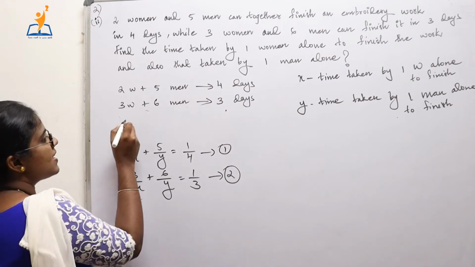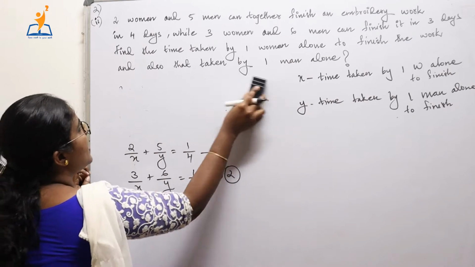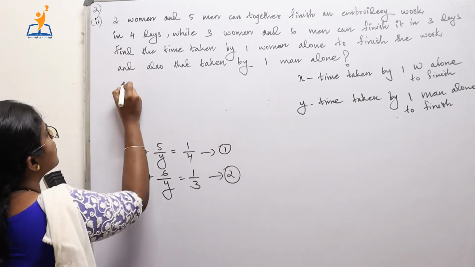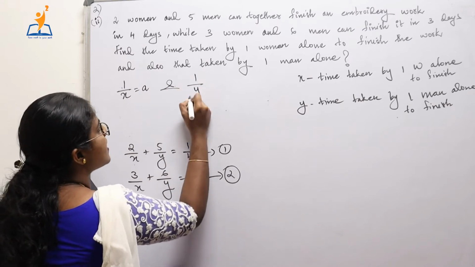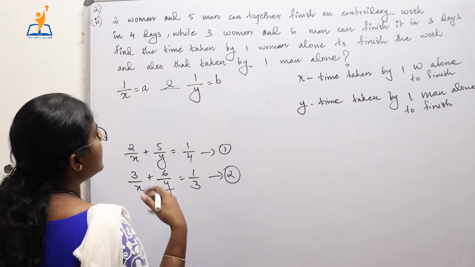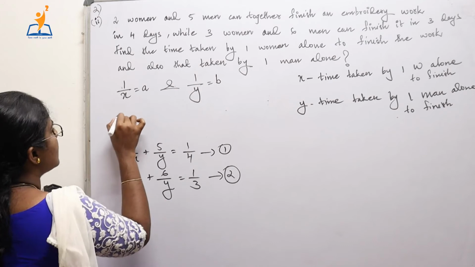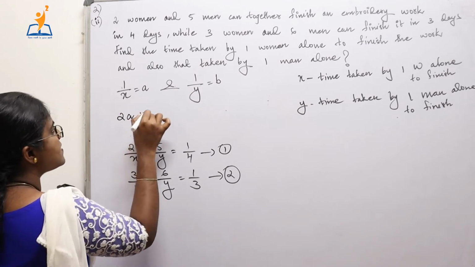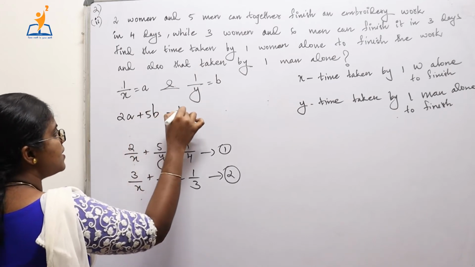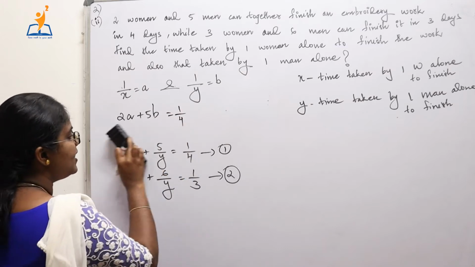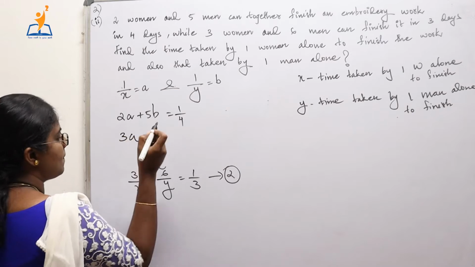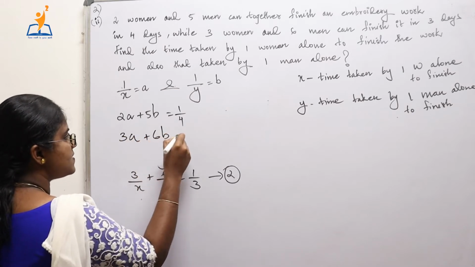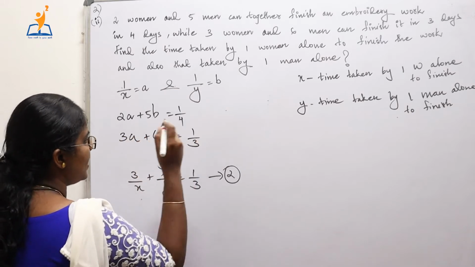So let's take 1 by X is equal to A and 1 by Y is equal to B. Then our new equations will be 2A plus 5B is equal to 1 by 4 and 3A plus 6B is equal to 1 by 3.